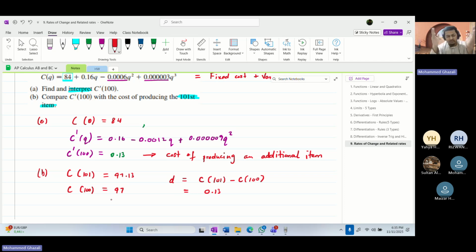If I make 100 units of t-shirts, I'm going to be paying $97. But if I make 101 units of t-shirts, I'm going to pay $97.13. So what's the difference between these two? The 13 cents difference represents the derivative. Yeah, 13 cents. So we got the same answer.